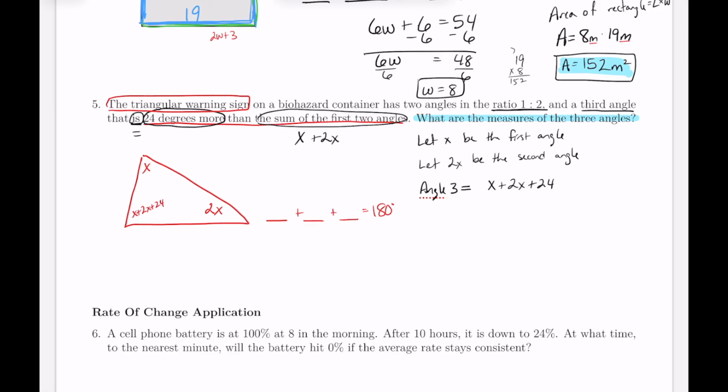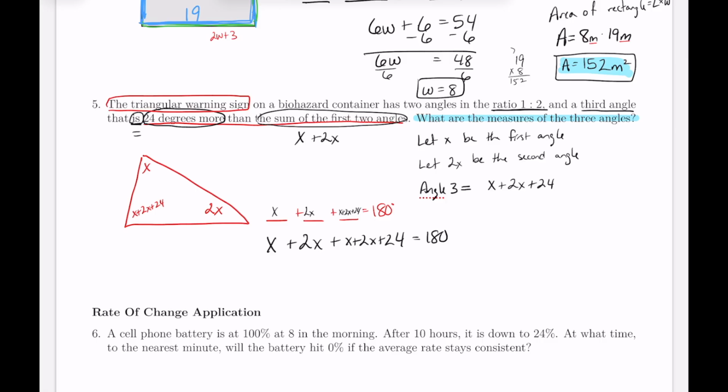So now if we add x plus 2x plus x plus 2x plus 24 equals 180. There. Now I finally have an equation.